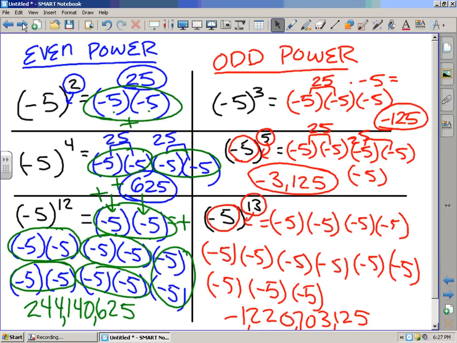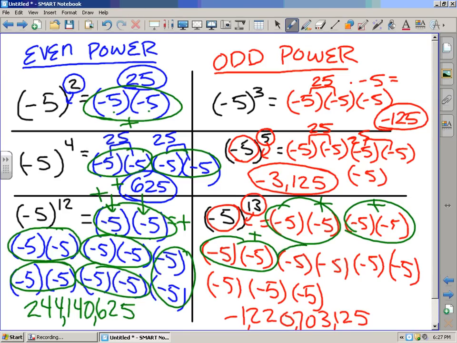And what I want you to notice here was that we'll have a pair, a pair. These will all make positive numbers. A pair, positive, a pair, positive, pair, positive, pair, and then we have the oddball.